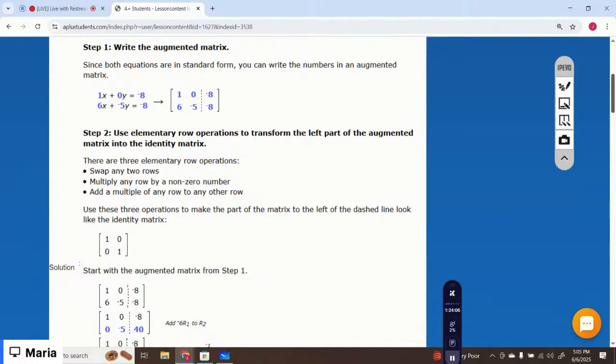So you need to convert this portion, the first part, to 1, 0, and 0, 1. The first row already has 1, 0. You just need to convert 6, -5 to 0, 1.